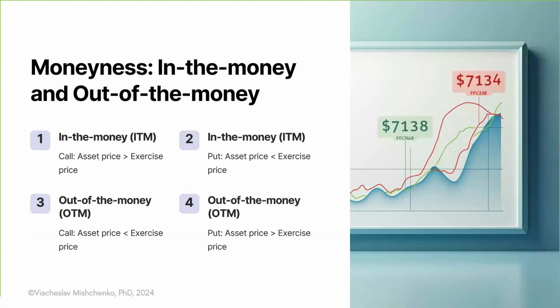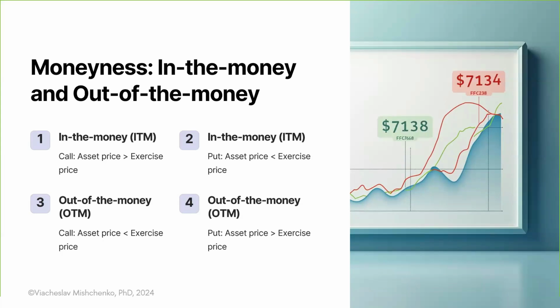So there are concepts of moneyness as well in relation to options. Moneyness is really a key concept in options trading because it indicates the relative position of the current price to the strike price of the option. For example, if an option is in the money, or ITM, it would have positive value if exercised immediately.